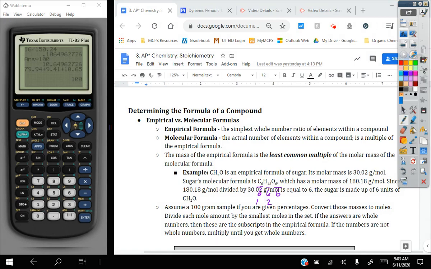This turns into 1, 2, and 1 is my simplest ratio. Okay. So because the molar mass of CH2O is 30.02, if you divide 180.18 by 30.02, you have roughly 6 units of your empirical formula that make up your molecular formula. So that is something to keep in mind.